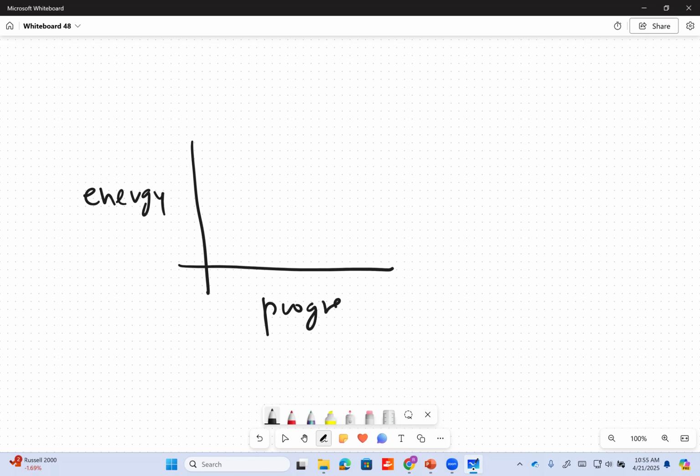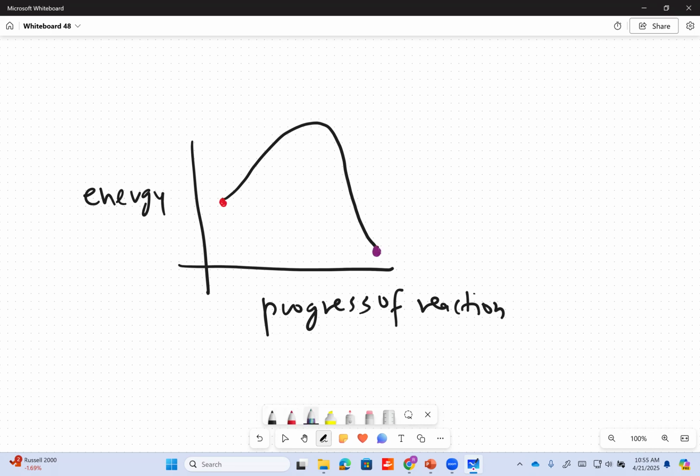If you recall from last week's lecture, the only thing that a catalyst does is this. This is my energy diagram: energy versus progress of reaction. Let's say this is my reaction. Energy of reactants right here, energy of products right here.